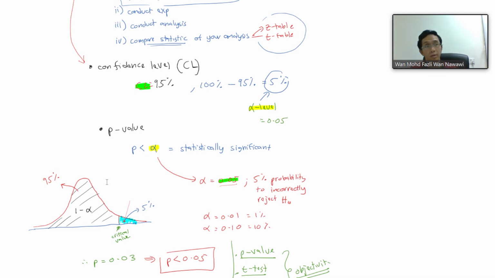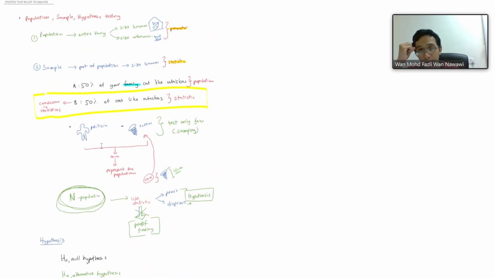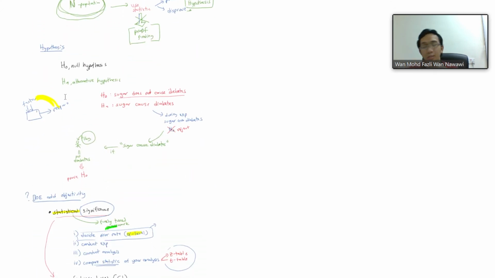So when you do DOE, you already design your experiment, you have the data, you analyze the data, and you have the result in terms of statistical analysis. Then you can say with confidence, I believe this will cause this thing because this factor is significant. So that is basically the idea of why you see statistics. Something you need to know about statistics: population, sample, hypothesis testing, and all these things. All start with the null hypothesis, whether you want to reject it or not.